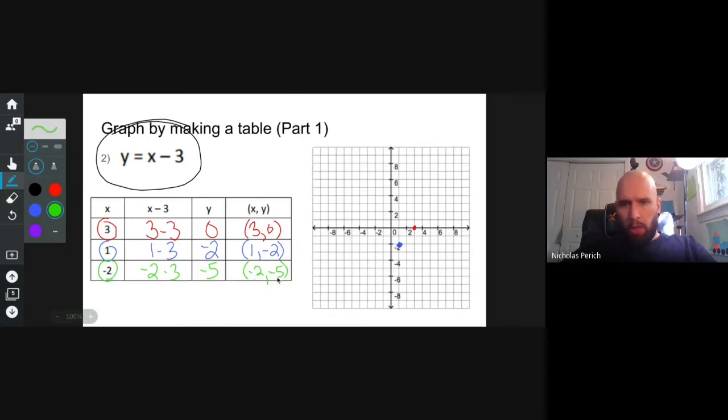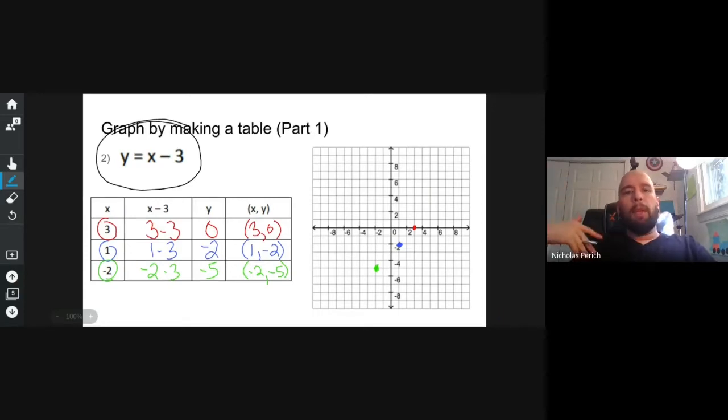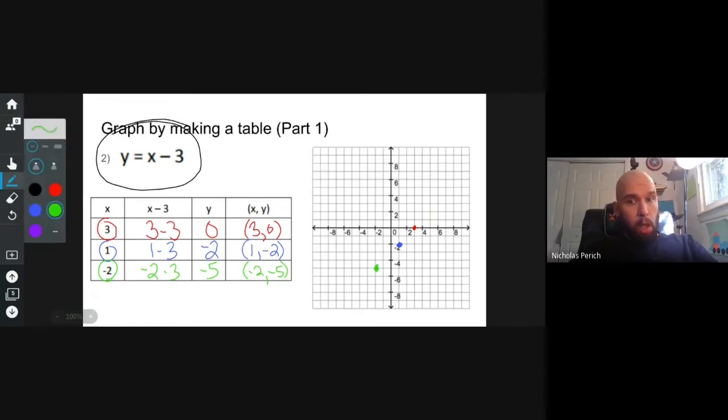My third dot is negative 2, negative 5, which means I go left 2, I go down 5, I put a dot right there, and I make the sound. If you don't make the sound, it won't work.